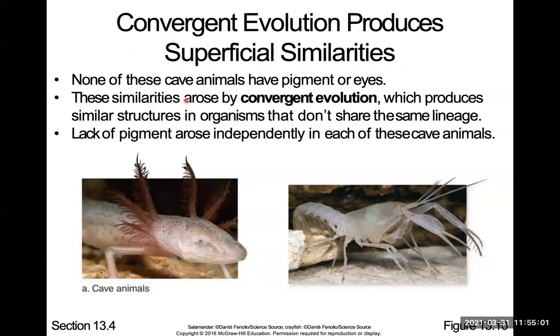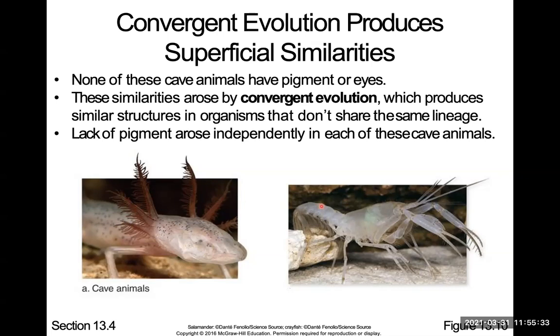This is another example here. There's cave animals, they don't have pigment or eyes because it's really, really dark in the cave. If you're living in the cave, you cannot see anyway, so you don't want to spend any energy on making eyes. So these cave animals, this is an amphibian, salamander, and this is a different group, crustacean. They don't have eyeballs, both of them. But this is not because they had the same ancestor.